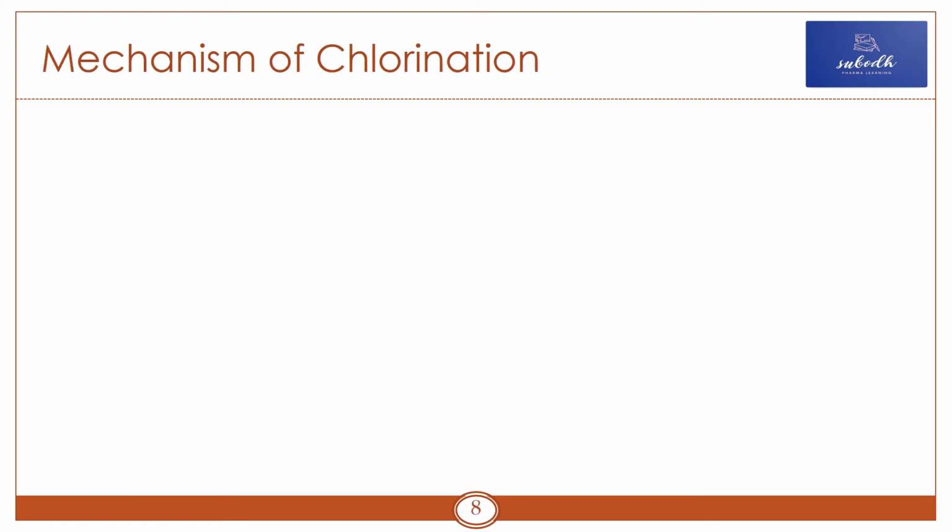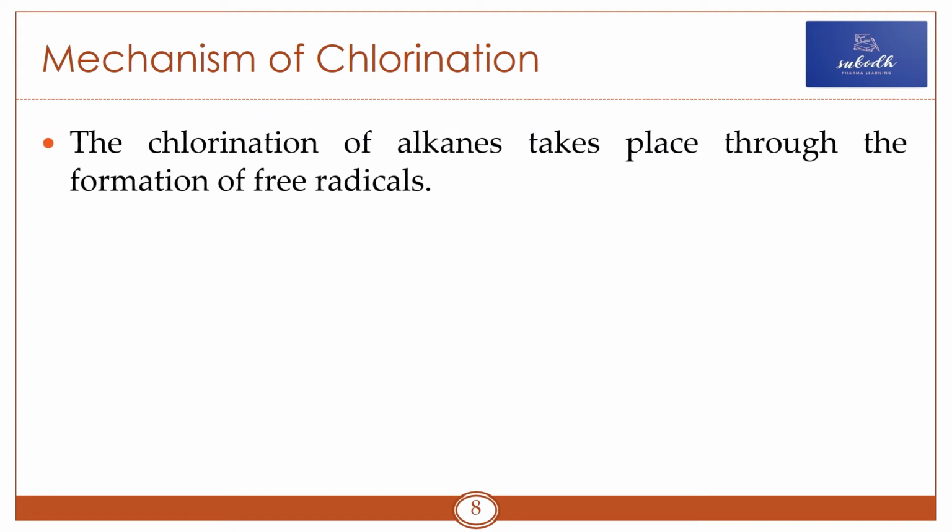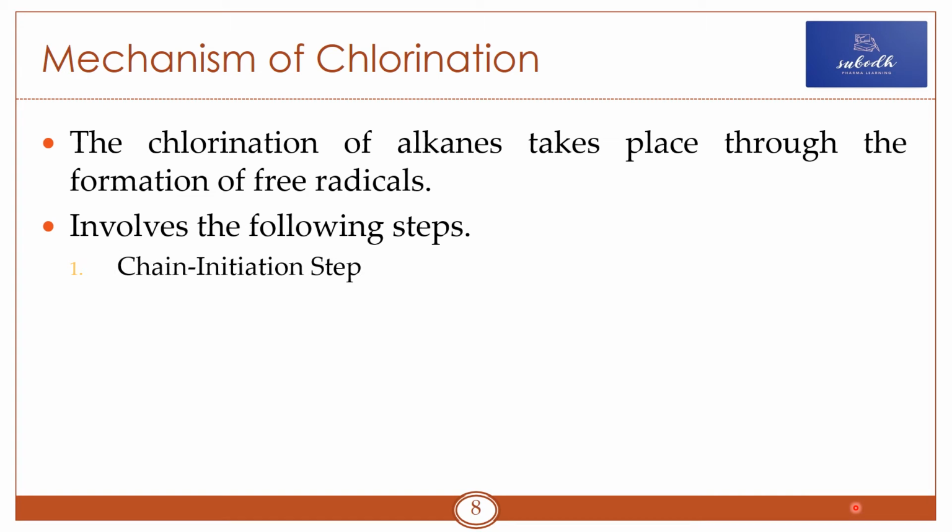Now we will see the mechanism of chlorination reaction. The chlorination of alkanes takes place through the formation of free radicals and involves the following steps. The first step is the chain initiation step.